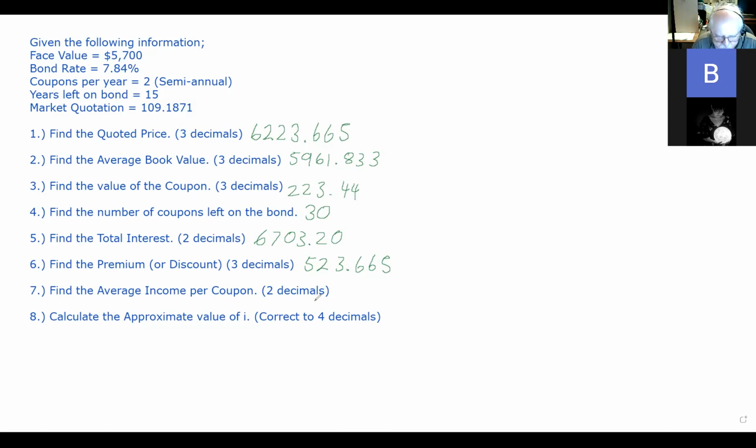Take the total interest, which is this one, minus the premium, which was this one. Then the result of that minus that, divided by the number of coupons, which is this one. Okay, sir.